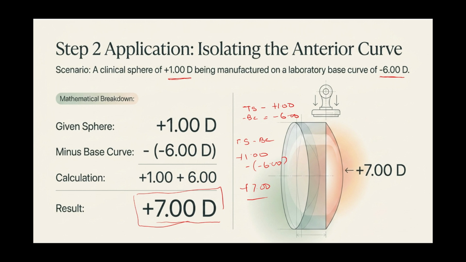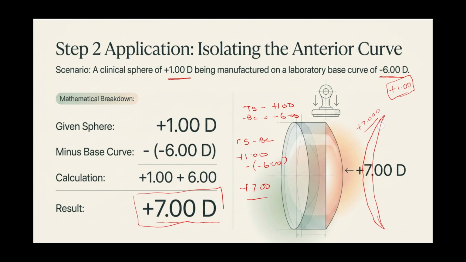So what does this actually mean? Let's say this anterior surface power as per our calculation is +7 diopters. But what is the spherical prescription that we require? We require 1 diopter. So in this +7 diopter lens, we have to remove -6 diopters, so we end up with +1.